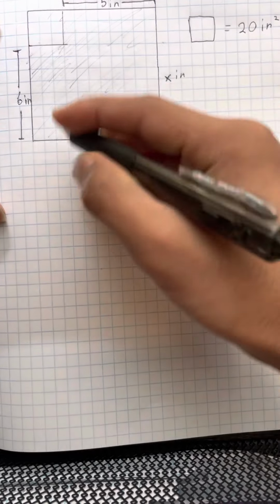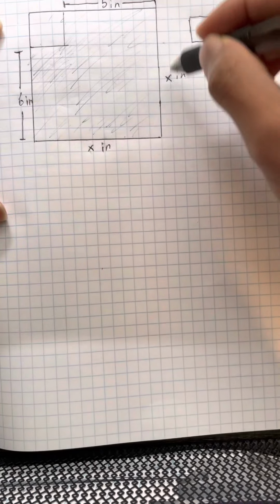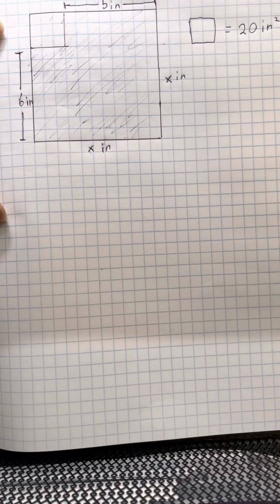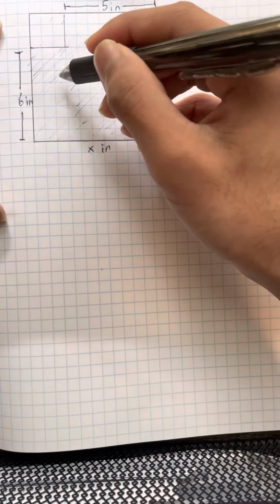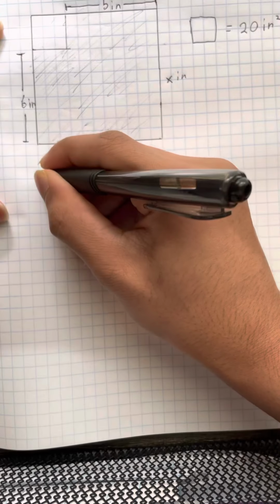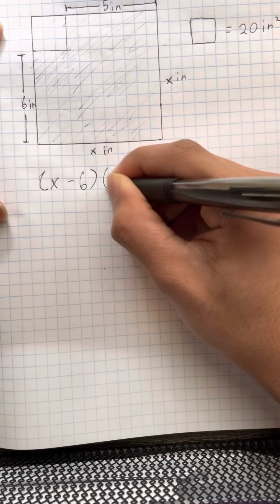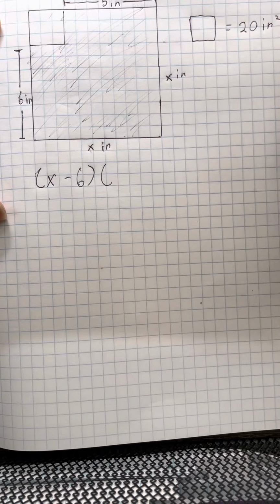Since we have x sides right here, and we know that x minus 6 is right here, we would be left with this. So we can write x minus 6 times x minus 5, because area is length times width.